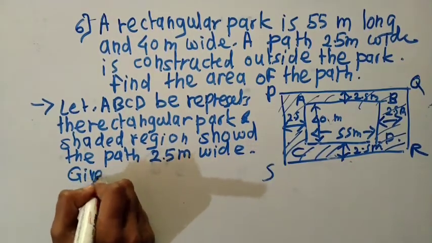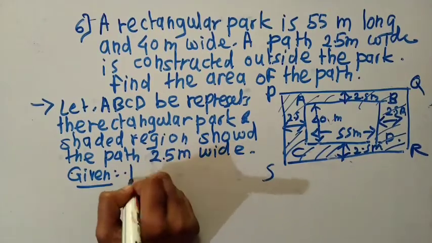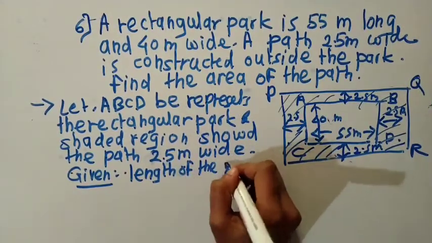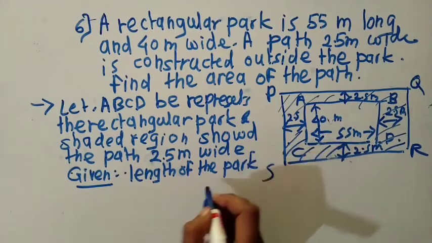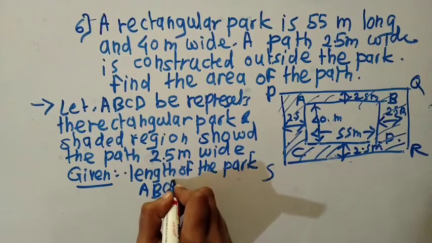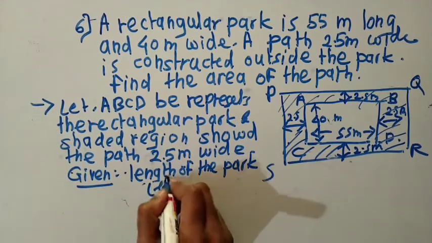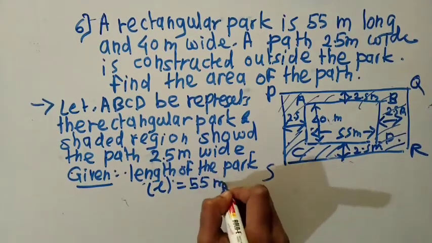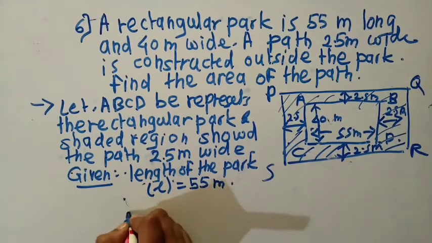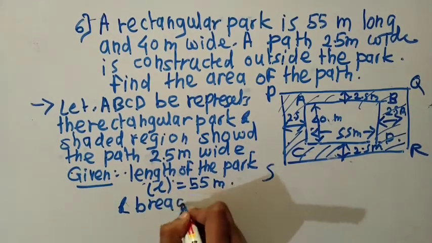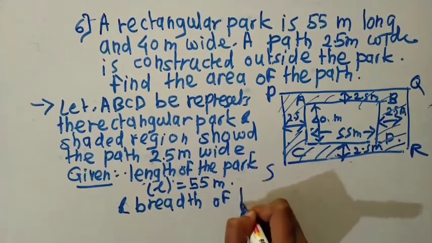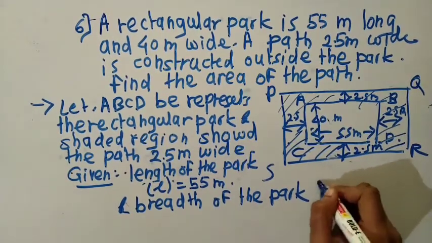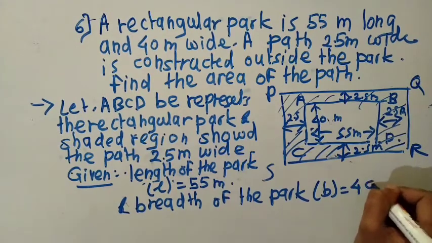First of all, given that length of the park ABCD, L is equal to 55 meter and breadth of the park B is equal to 40 meter.